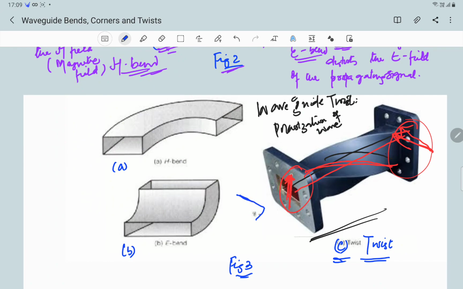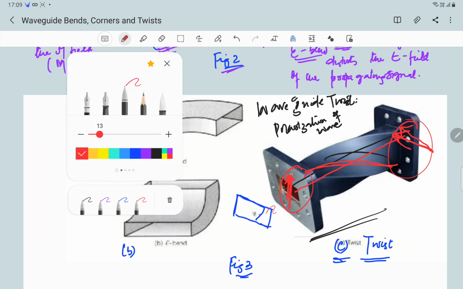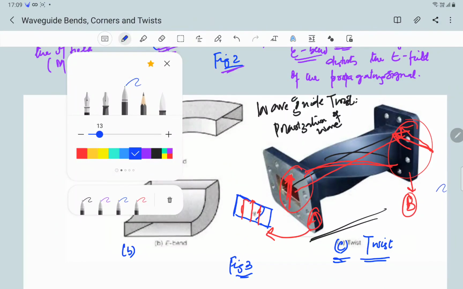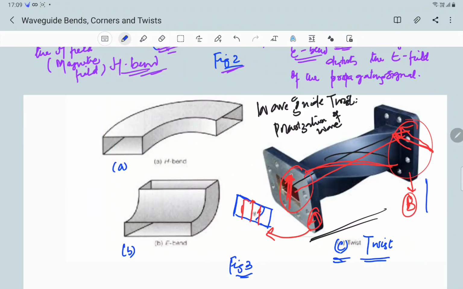Let me draw the cross section. The cross section is like this, so the electric field here is vertically upwards. But when I twist it, this is the cross section at point A. At point B, the cross section would look something like this.